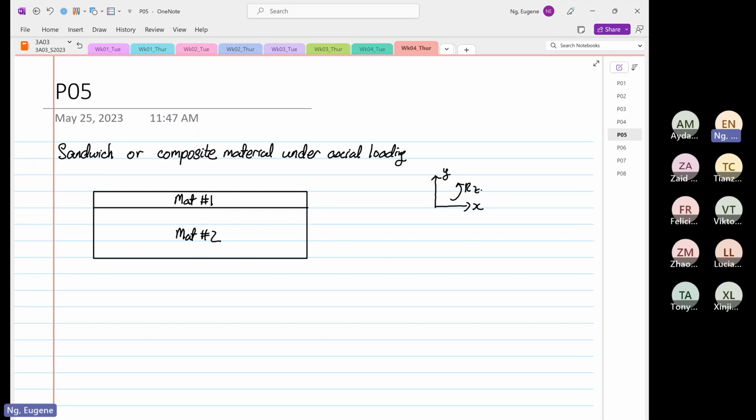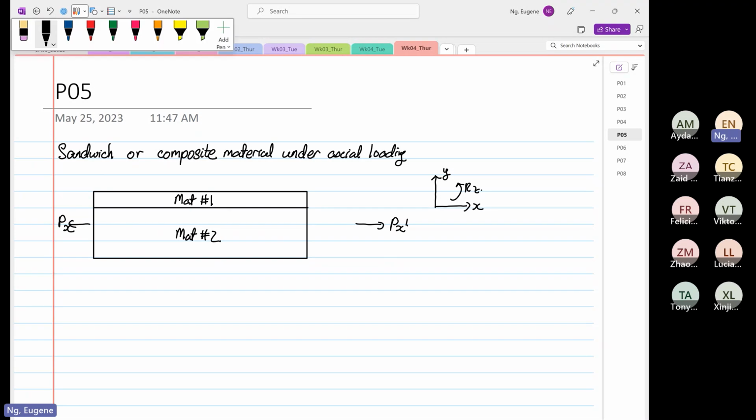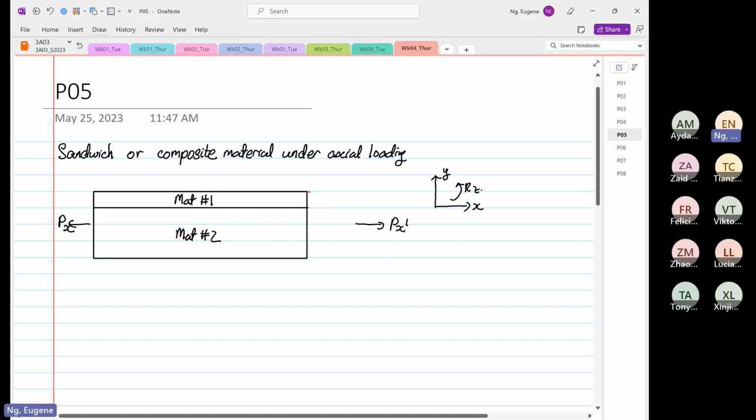And then if we have an applied load, Px, and we also have an applied load over here, which is Px prime, what will happen now is the structure will stretch. I'm going to draw in red. The structure will stretch in this geometry now.